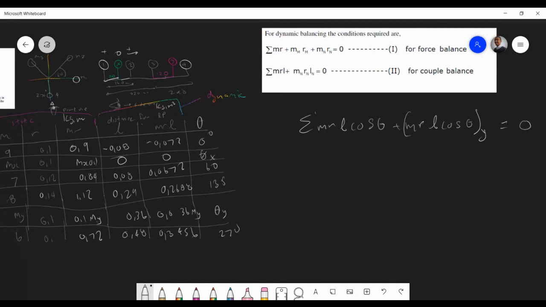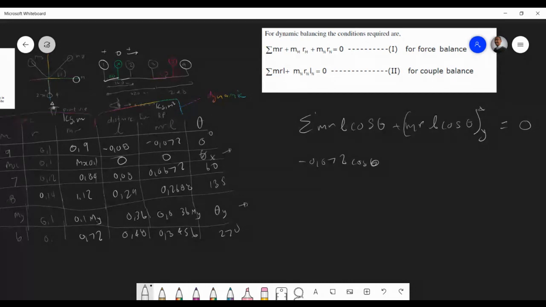So what I'm saying here, let me get this right for you guys. Now I have to sum up all the MRLs here. The first one is 0.072 cos 0. Just don't worry about this one yet. Following the angles now, we're ignoring the ones you don't have yet.